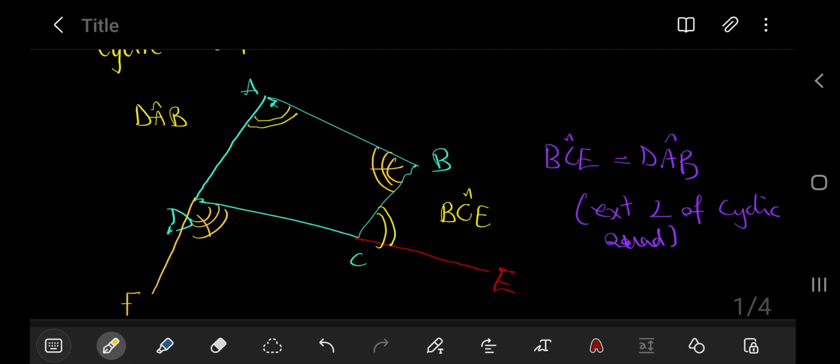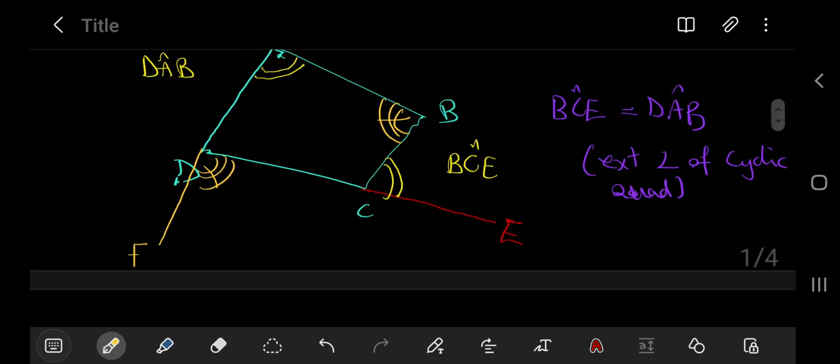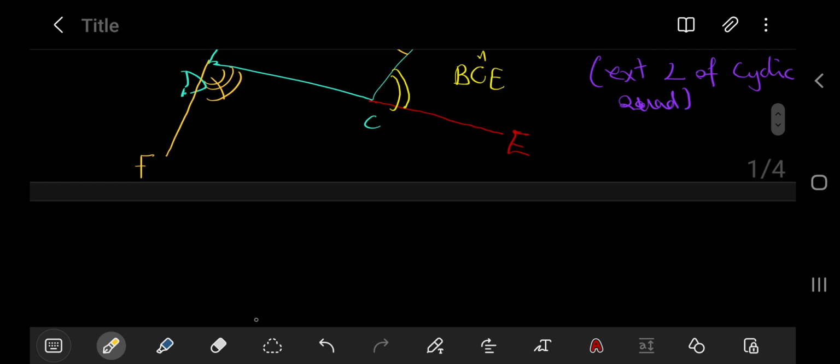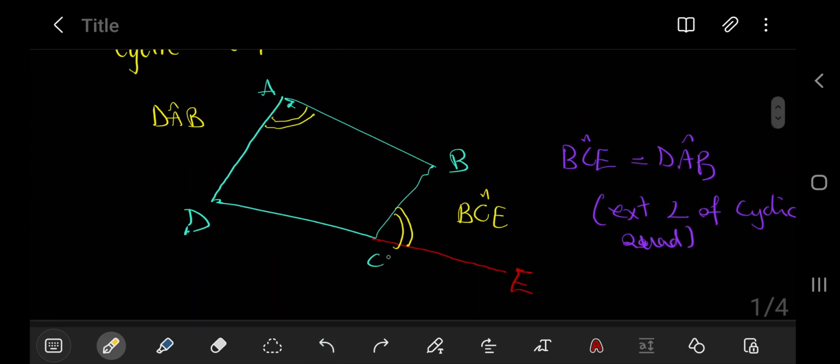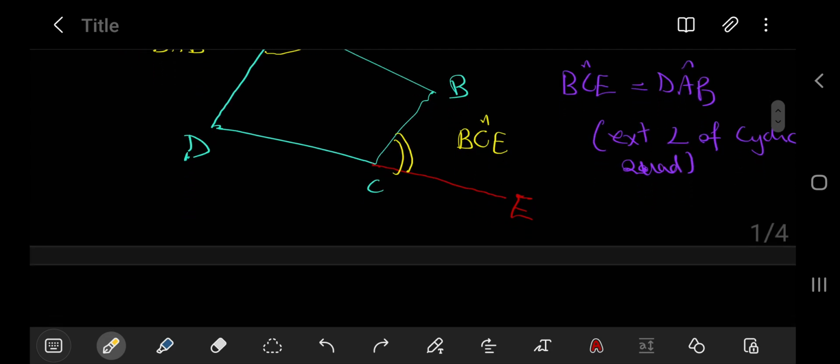Okay, so if you produce any side, just be aware of that exterior angle. So now I just want to check the mistakes that learners usually make when it comes to a line which is produced, or when it comes to exterior angles. So usually you might have a triangle like that.